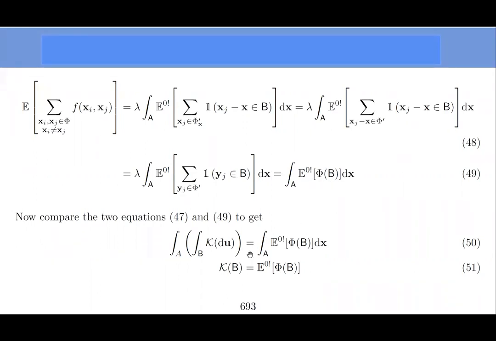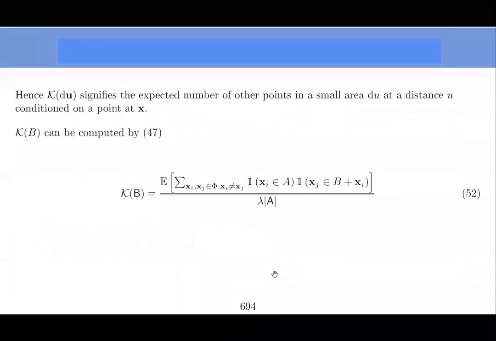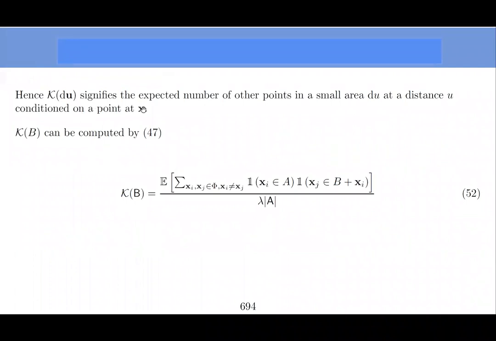Now if I compare the two, I can say that the inner part is equal to this one, which is K(B). So K(B) is equal to the expected value of phi(B), conditioned on there being a point at 0, without counting that point. This means K(du) signifies the expected number of other points in a small area du at distance u, conditioned on there being a point at x.